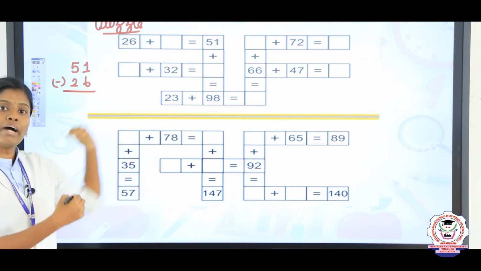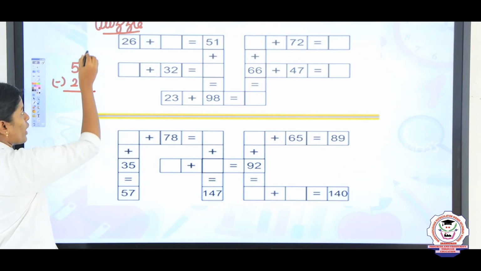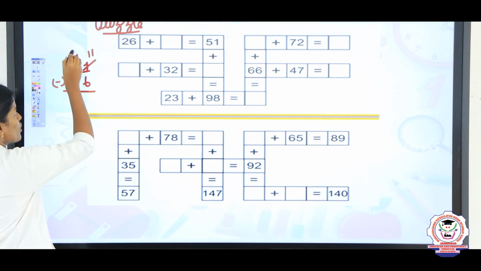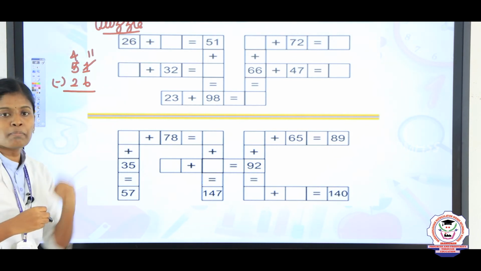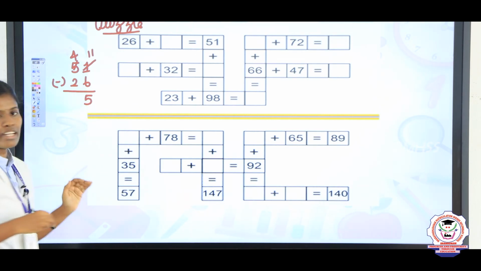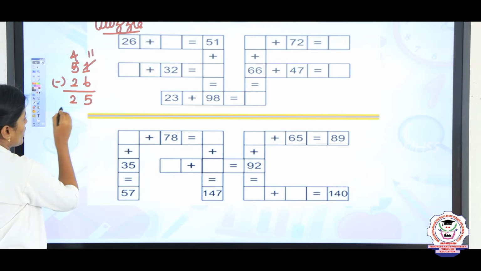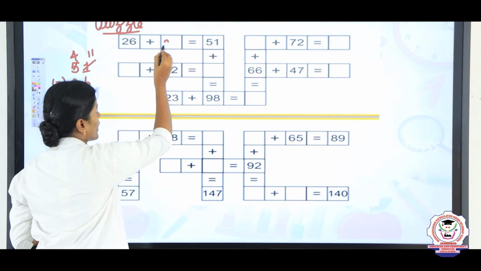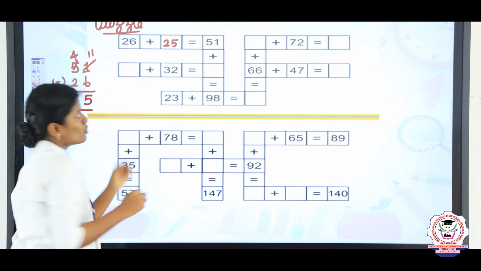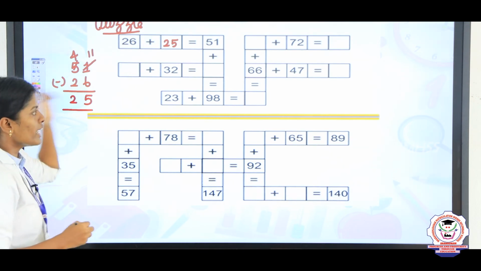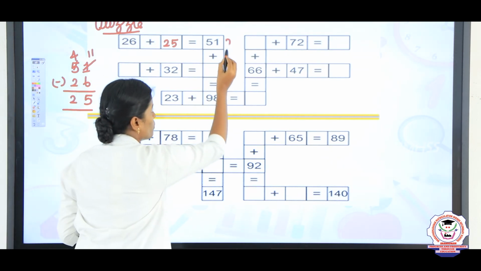You are going to borrow from the number before. 1 will change into 11 and 5 will change into 4. So 11 minus 6, what is the answer? The answer is 5. Then 4 minus 2, the answer is 2. So 26 plus 25, we get the answer 51. The answer is 51. Next you are going to take this column.